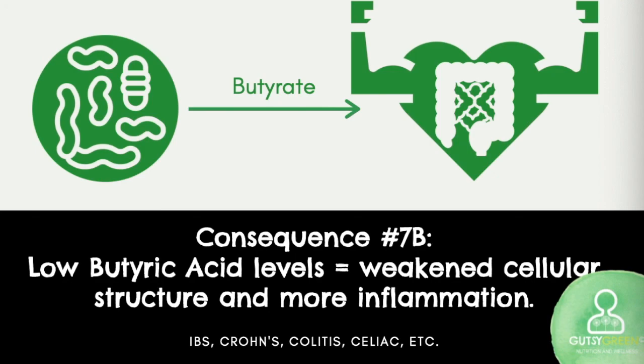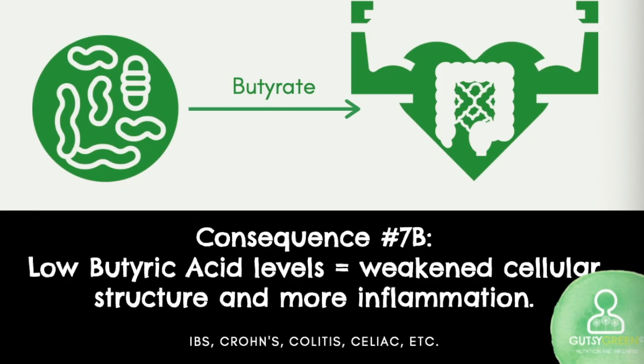Low levels of beneficial microbes also likely means low levels of their end products. Butyric acid is one of these end products and typically serves as important fuel for the colonic cells. A lack of it can result in weakened cellular structure in the large intestine.